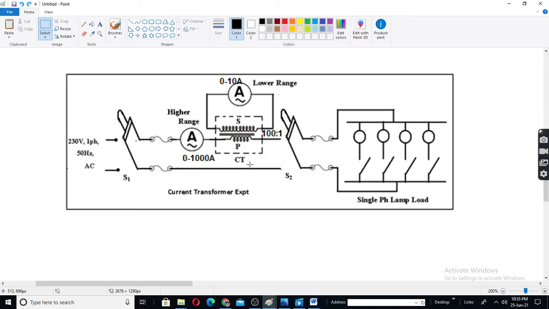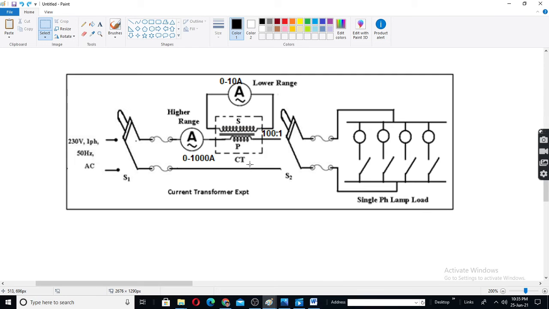In a normal transformer, the primary current is dependent on the secondary circuit, because when you connect the secondary, there is load, then only primary current will flow. Otherwise, a small magnetization current will flow, but it will be small.